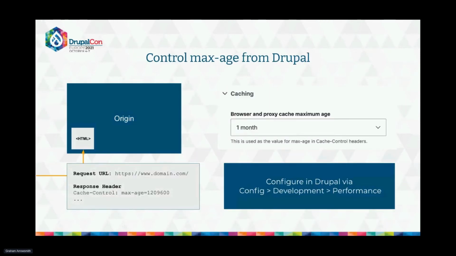So out of the box, Drupal gives us support to control the value of the Cache-Control header. Typically, Drupal is the orchestrator and the controller. Proxies can choose to respect this information about how fresh a piece of content needs to be, or they can override it. In some cases, I've worked on projects where you can get away with 15 to 30 minutes max age, and lots of requests are made to the origin.